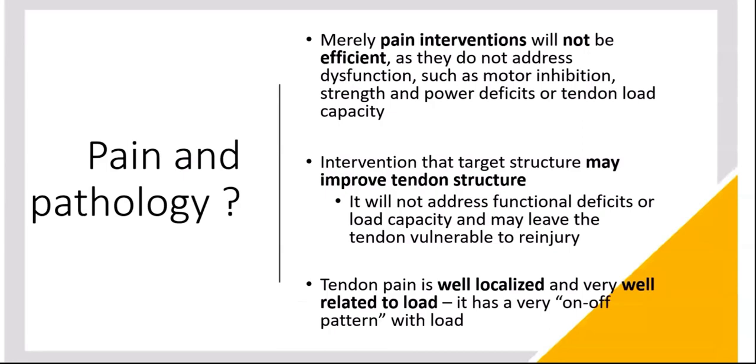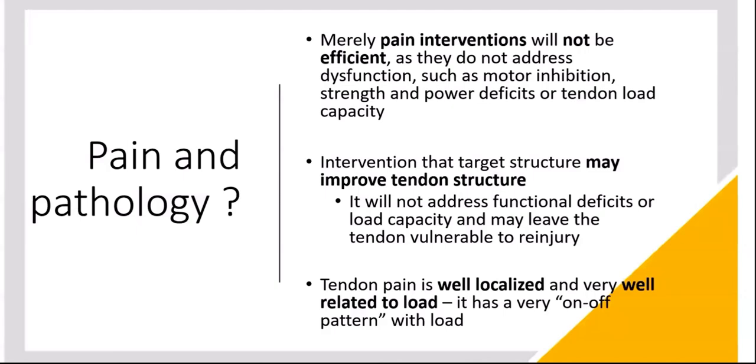So when we talk about the relation between pain and pathology, well, then it is clear now for us that just pain interventions will not be efficient, because they don't address dysfunctions such as motor inhibition, strength and power deficits, or tendon load capacity.